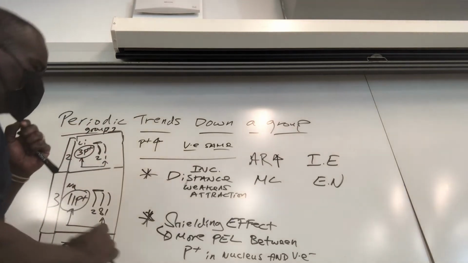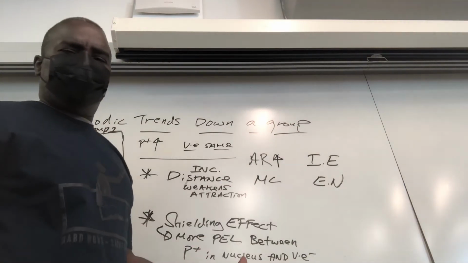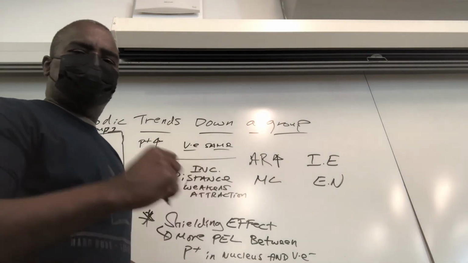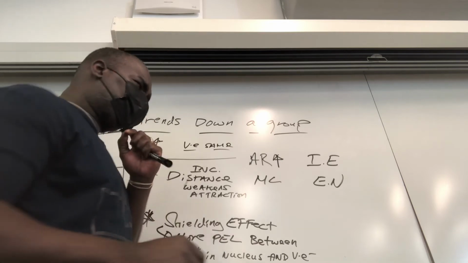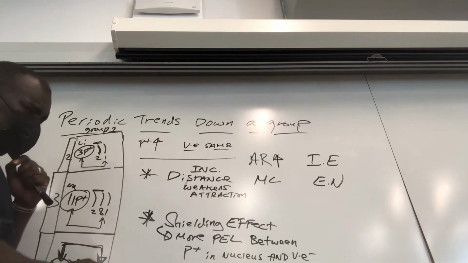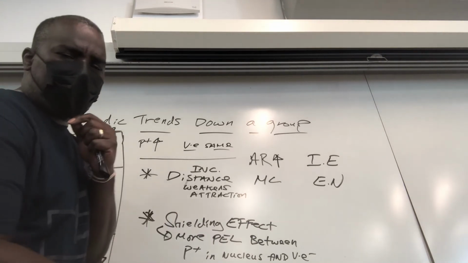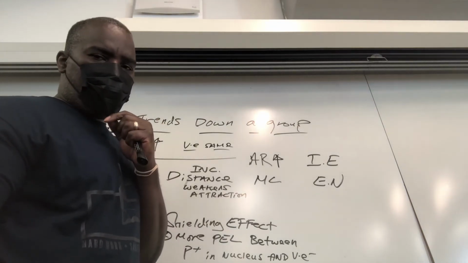Now, in terms of metallic character, I like to explain it as behaving like a metal. And we know from experience metals want to lose electrons, yes? So when you go down this group, the shielding and the distance that potassium has makes potassium's attraction weaker, alrighty?